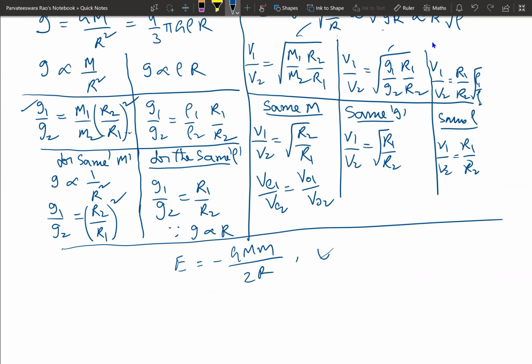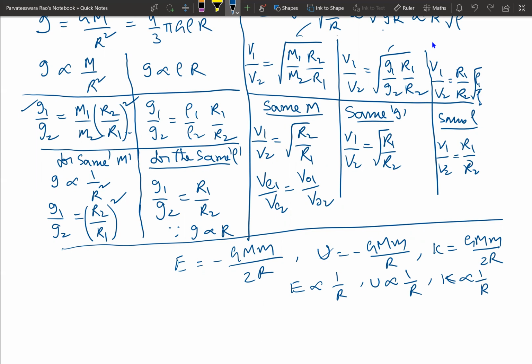Then potential energy is minus G capital M small m by R. Kinetic energy is G capital M small m by 2R. So whatever it may be, E varies directly as 1 by R, U varies directly as 1 by R, K varies directly as 1 by R.